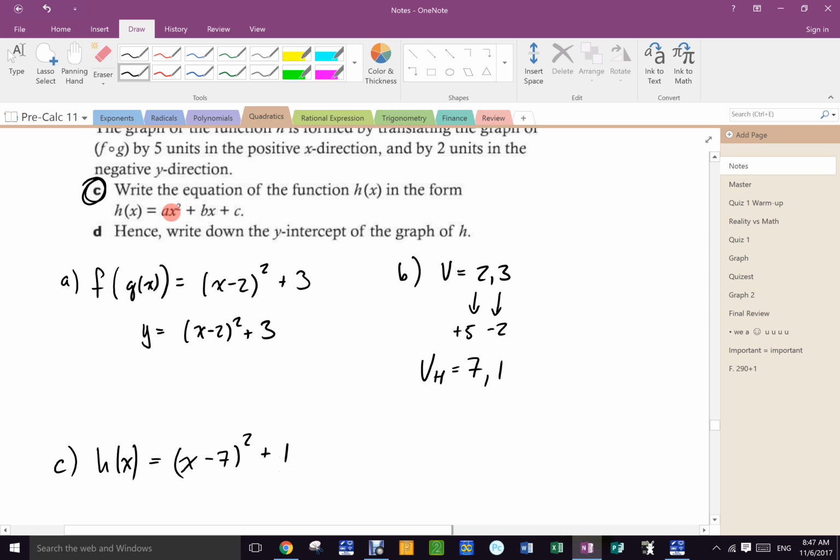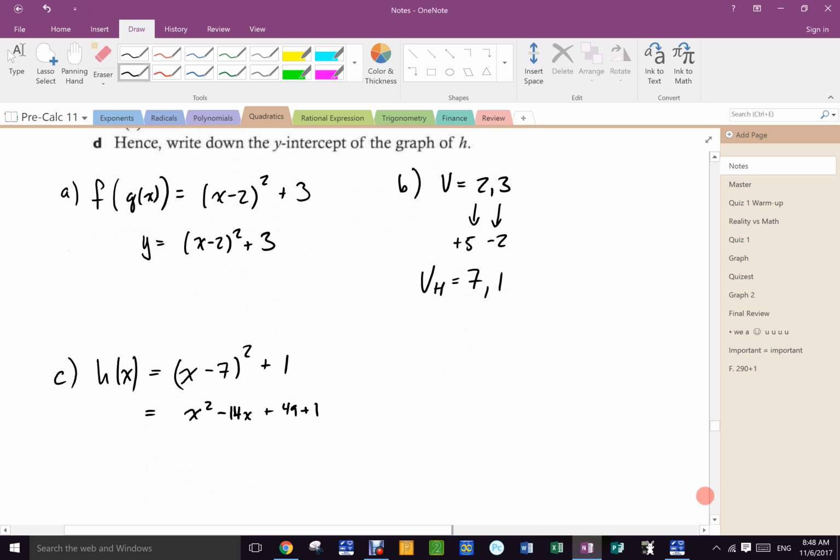What form do I want it in? Standard form. So what do I do to find standard form? I just expand it, correct? Which is x squared minus 14x plus 49 plus 1, which is what? x squared minus 14x plus 50.